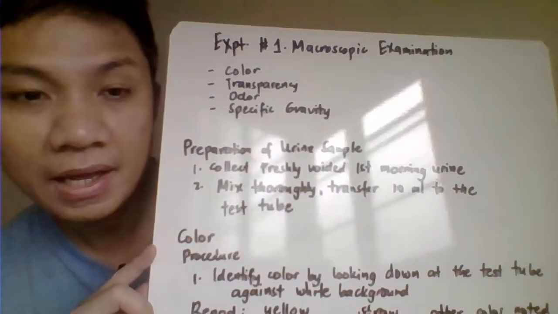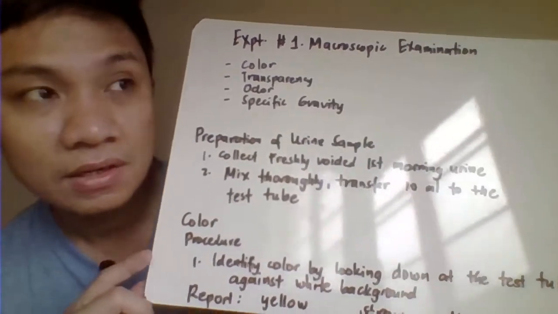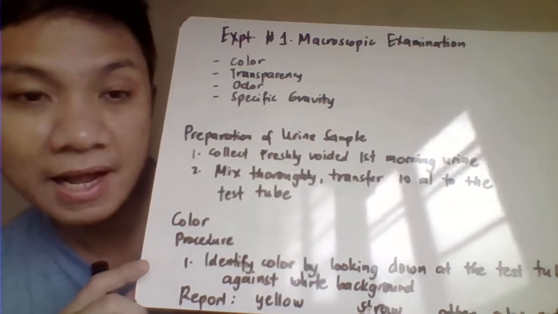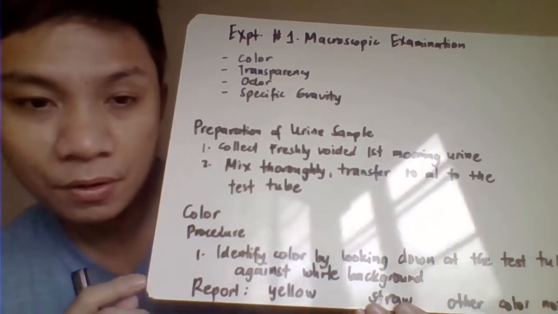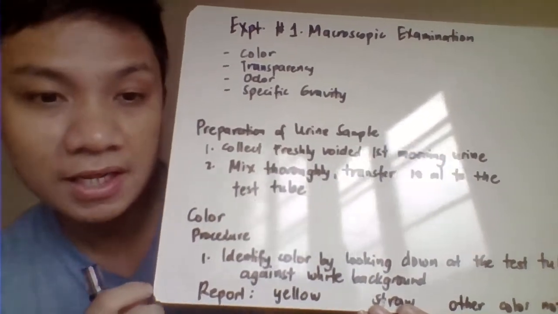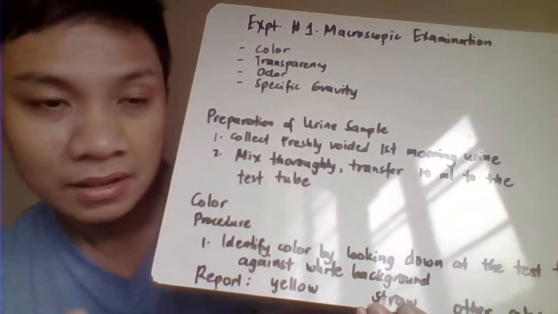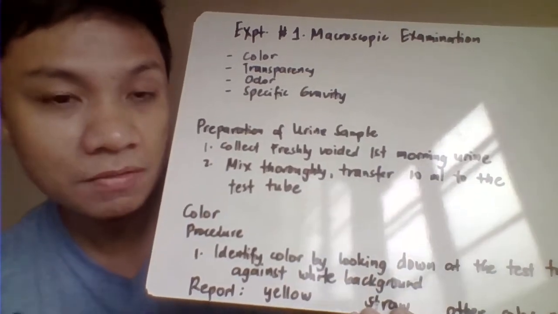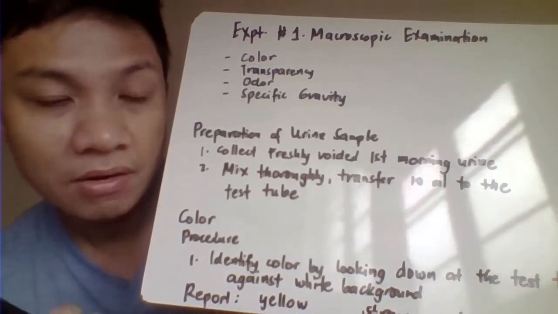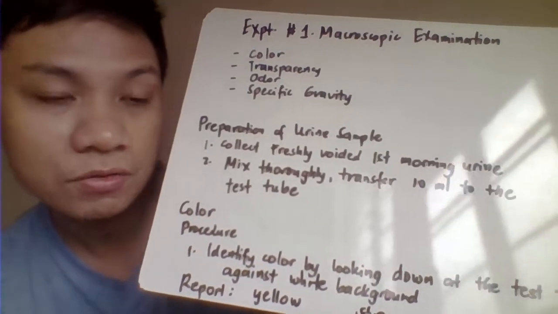The macroscopic examination of the urine is also called the physical examination. Urine examination is divided into three areas. First is the observation of the physical characteristics, or the macroscopic observation.